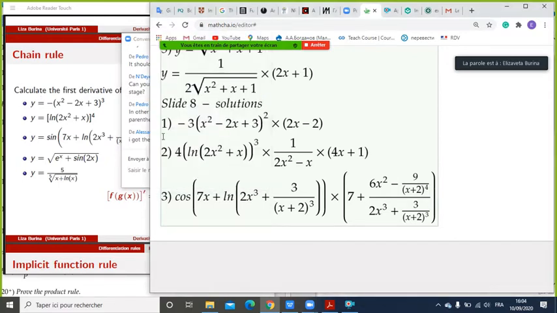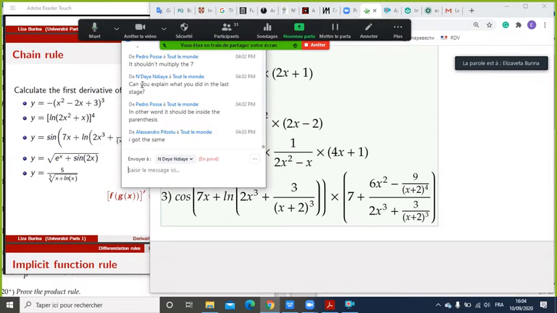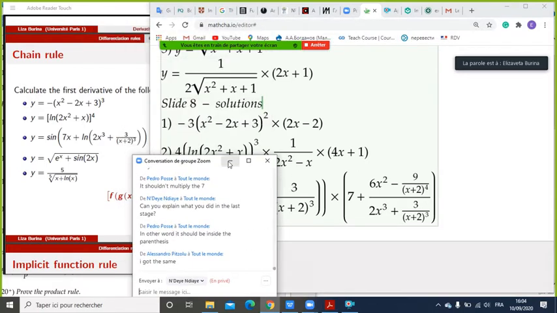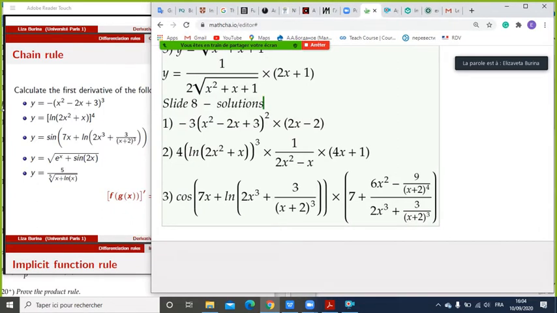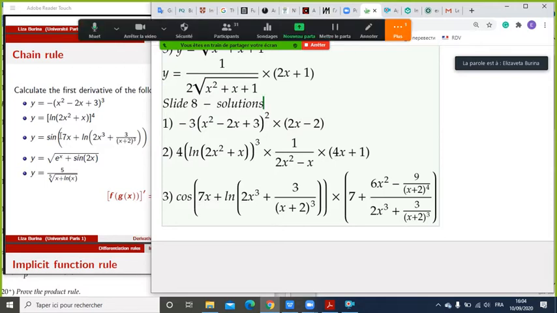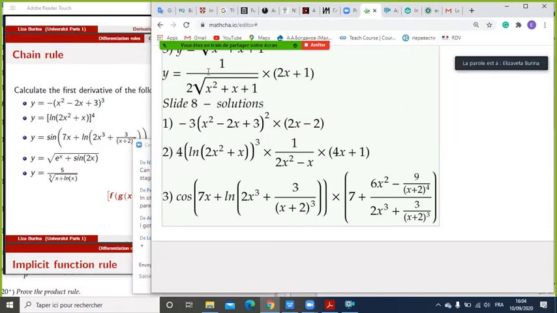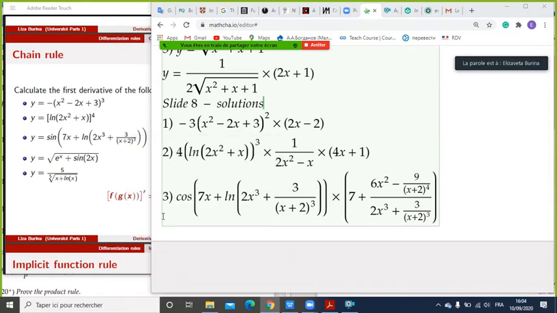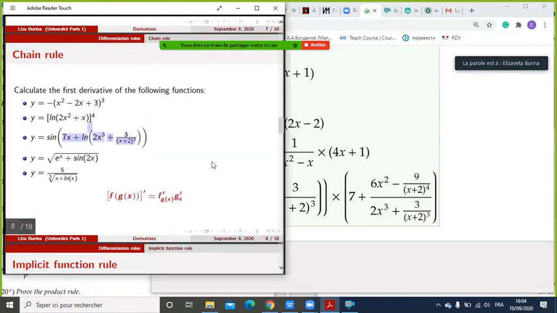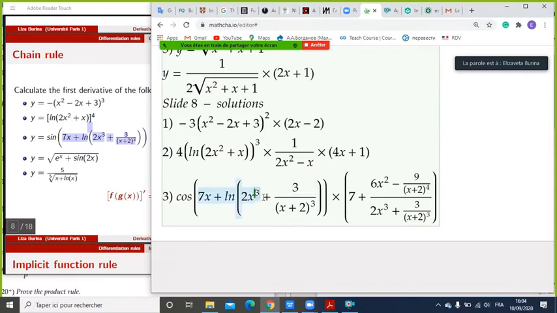So now let's explain it to everybody. At least we have 2 correct ones. So the first one is cosinus. That's easy. So we just wrote the cosinus of everything that is inside, and that is this part.